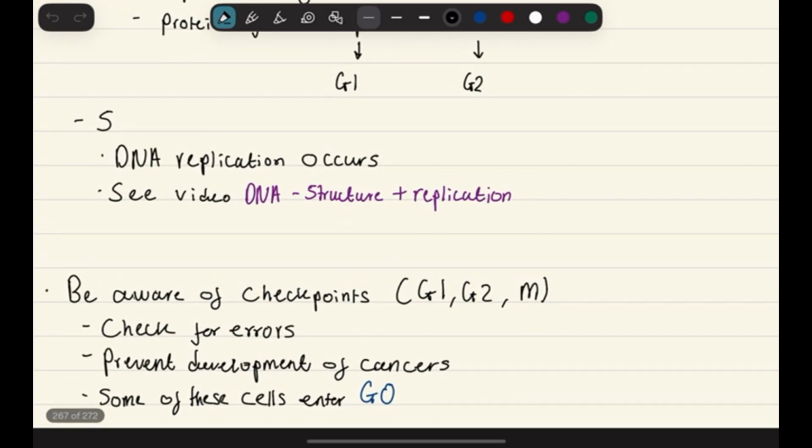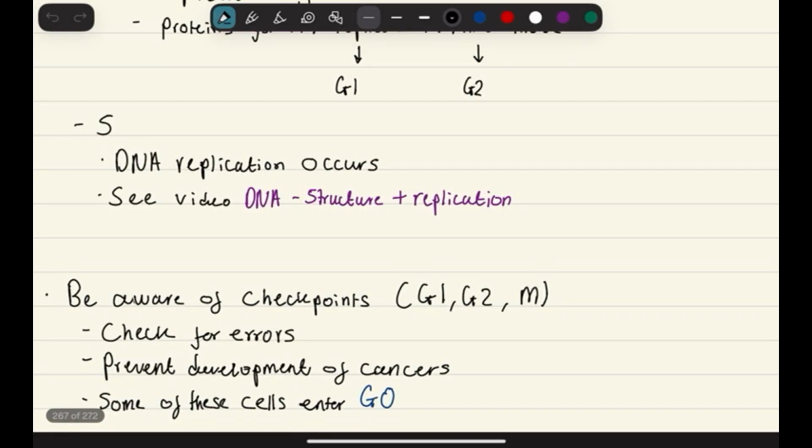One thing I did want to mention as well, not too relevant for A-levels to be honest, maybe a bit beyond that, but you do have checkpoints in your cell cycle. So these are stages where we're just going to do some checks, make sure that there hasn't been any errors in the DNA replication, make sure that there's nothing wrong with the cell. This happens when you're in G1 going to S phase, and when you're in G2 going into M phase, and it also happens during mitosis as well.